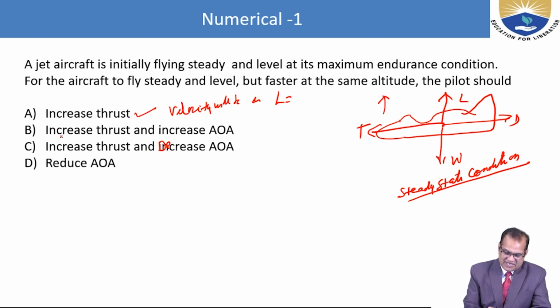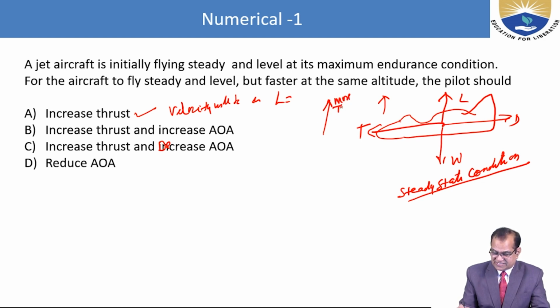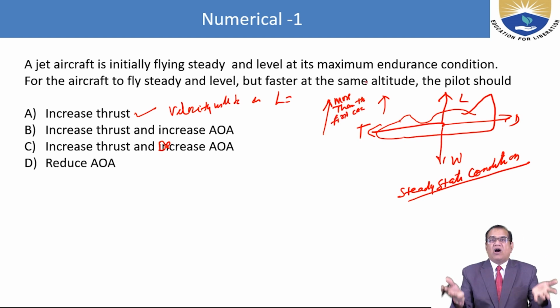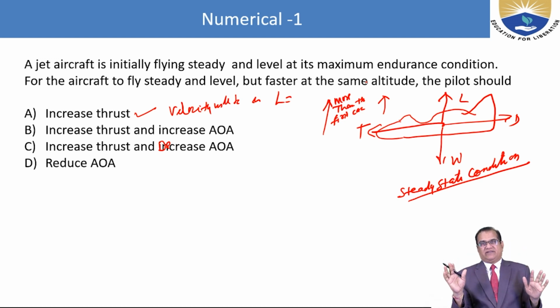Second case, increase the thrust and increase the angle of attack. In this, it will go more upward, since velocity will also be increased and angle of attack gives more lift than the first case. It cannot maintain altitude, because we want it to maintain it.